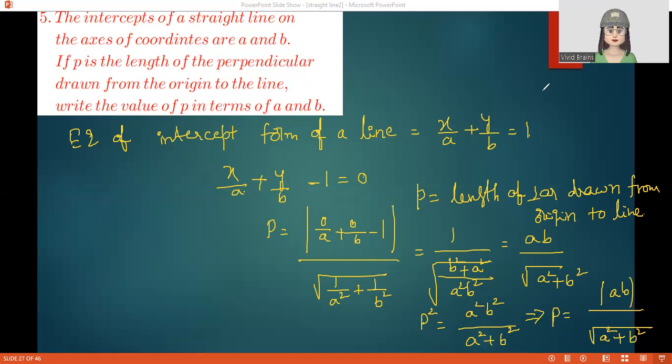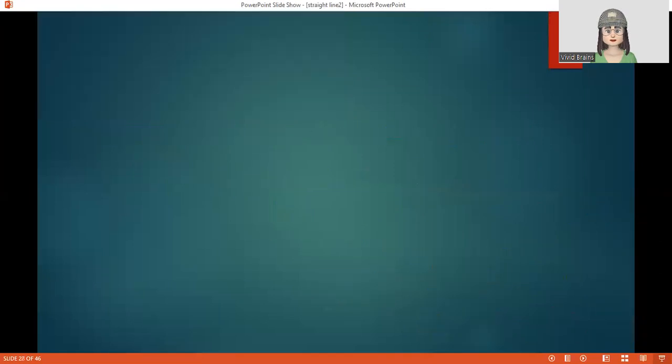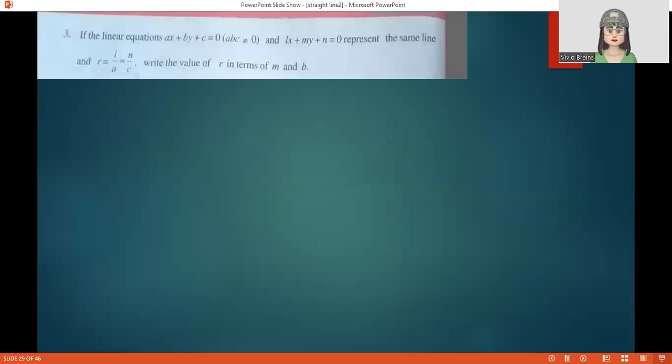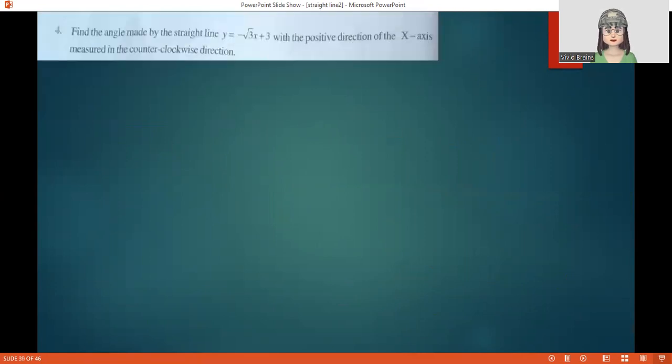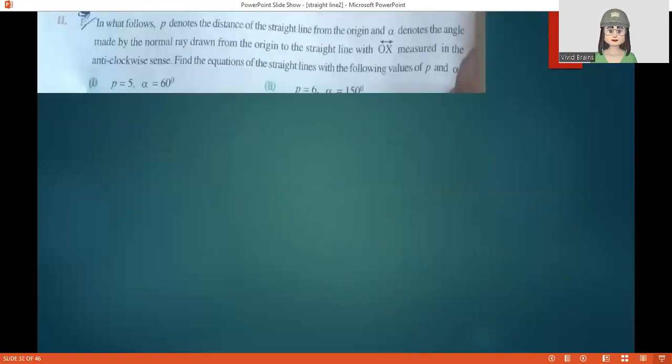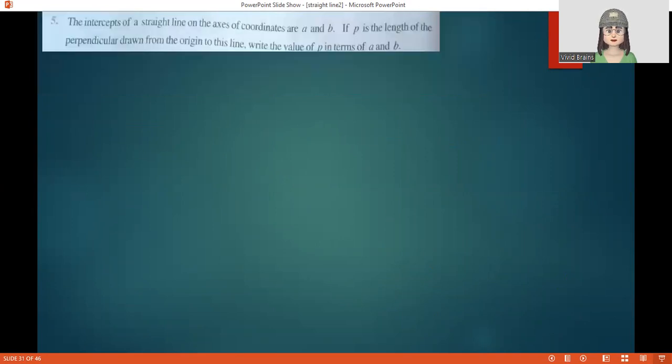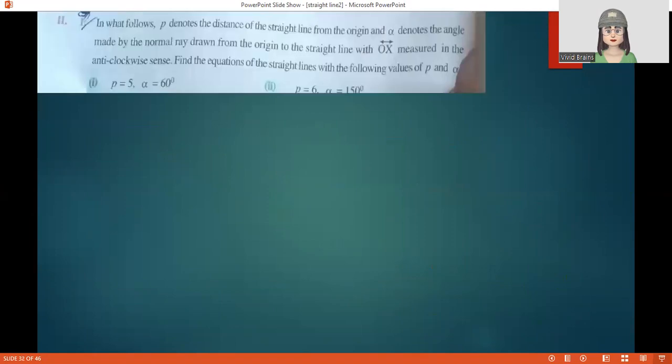Let us move to the next question, that is the next Roman number 2. This is not Roman number 2; this was the intercepts of a straight line, the fifth question, and then Roman number 2.